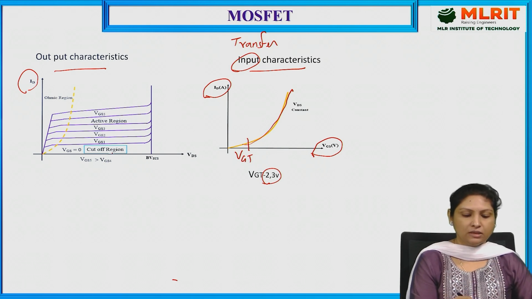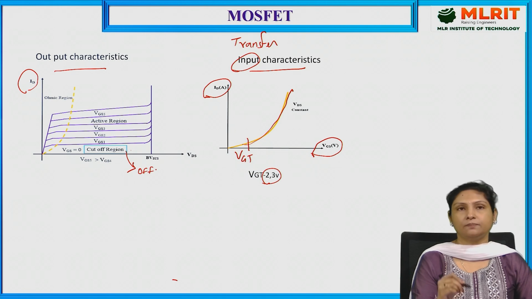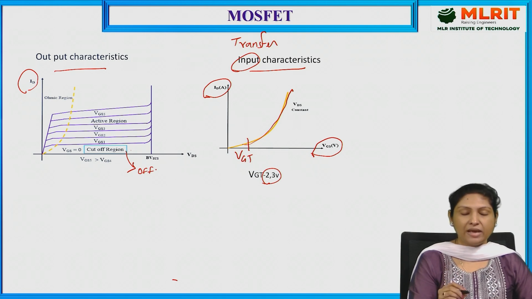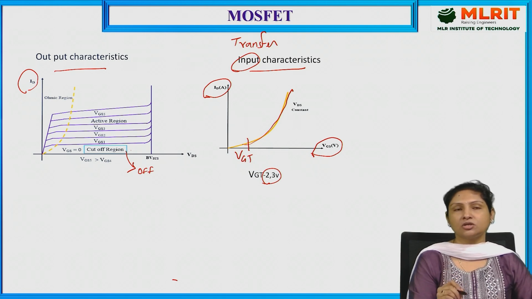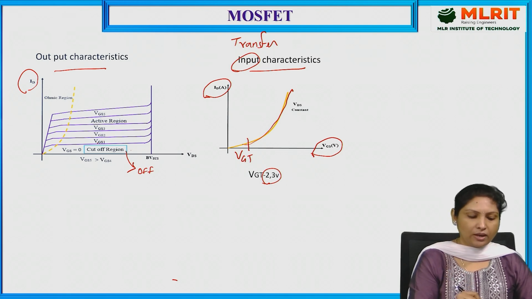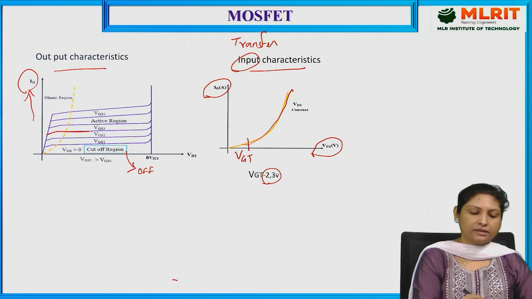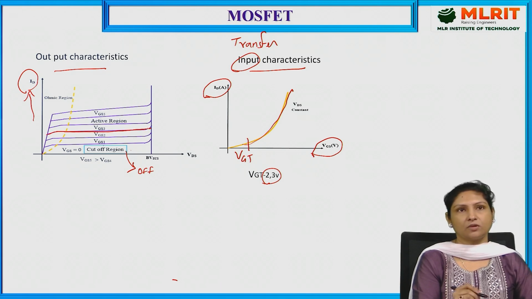And if you see, this is nothing but the cutoff region, and as I already told you, it will be operating as an off switch and there is no output current except some amount of leakage current flowing through the device. And then we have VGS. As we go on increasing this particular VGS, ID will be increasing. See, slowly it is increasing and then it becomes constant.